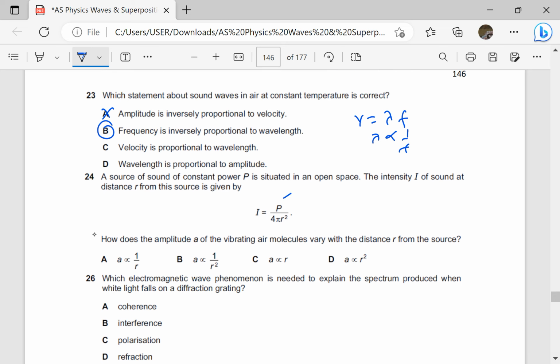We know that power is constant, 4 pi is constant, so I is inversely proportional to R squared. But we also know that I is directly proportional to amplitude squared. So when we combine these two, amplitude squared is directly proportional to 1 over R squared. And when we take the square root of both sides, A is directly proportional to 1 over R. So our answer is going to be A.